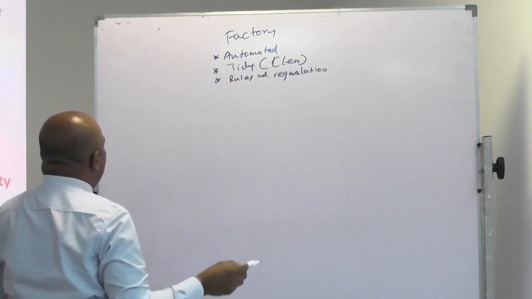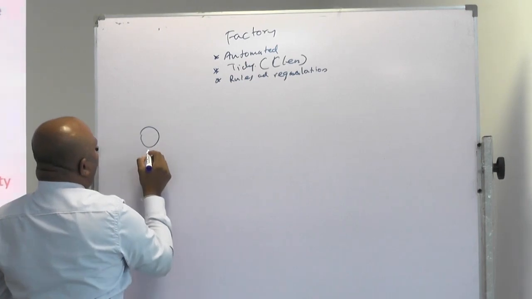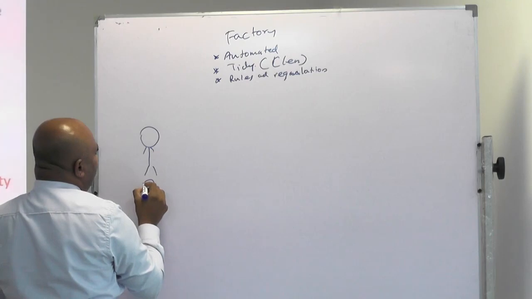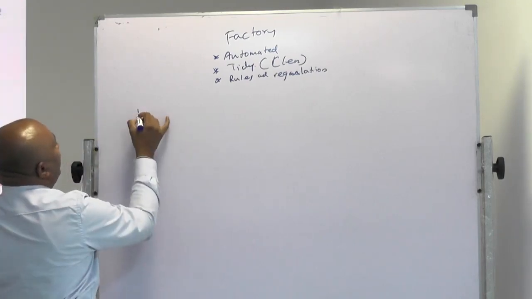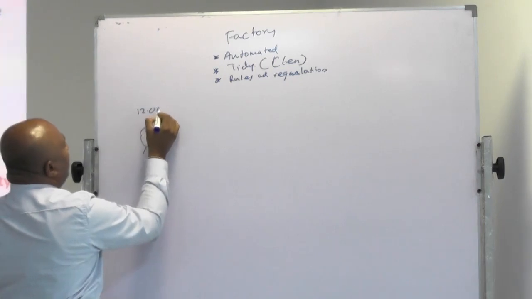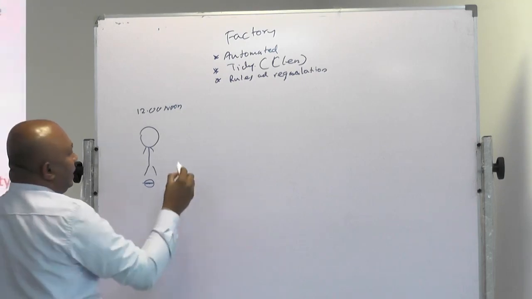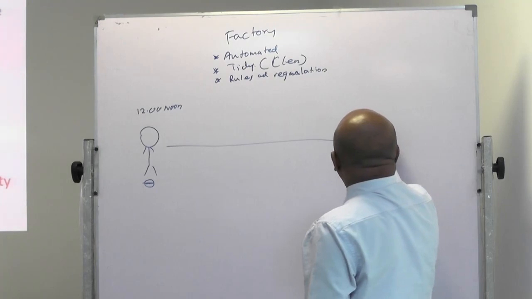So let us say in the factory you are here, right? After 12 o'clock noon, you want to go for lunch, right? You have to go to the lunch area.